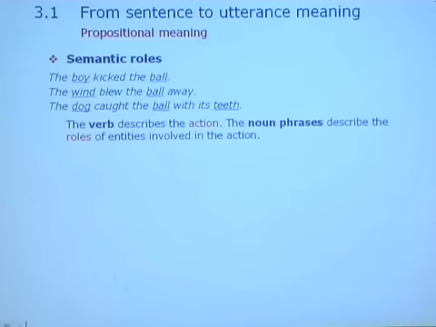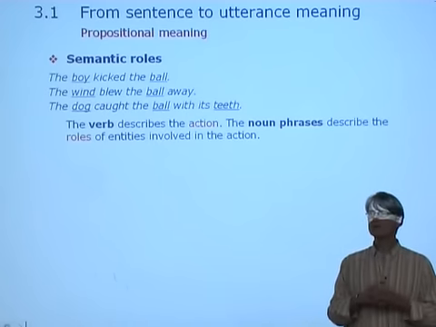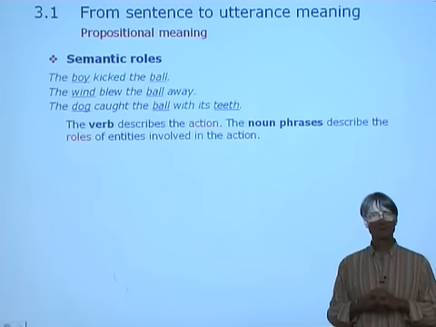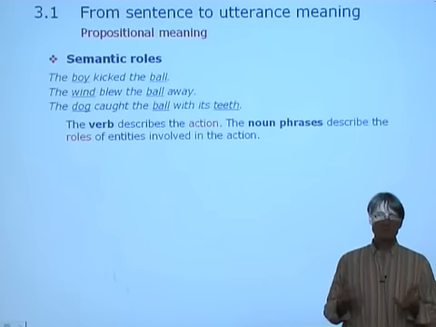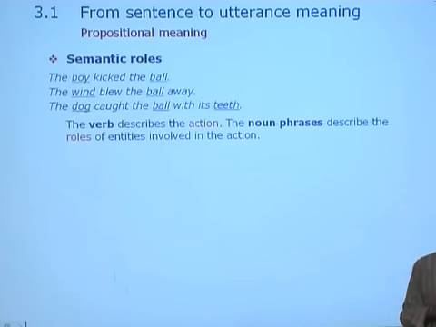What about the wind and the ball, or the wind and the boy? Similar? No? One is rather active and animate.